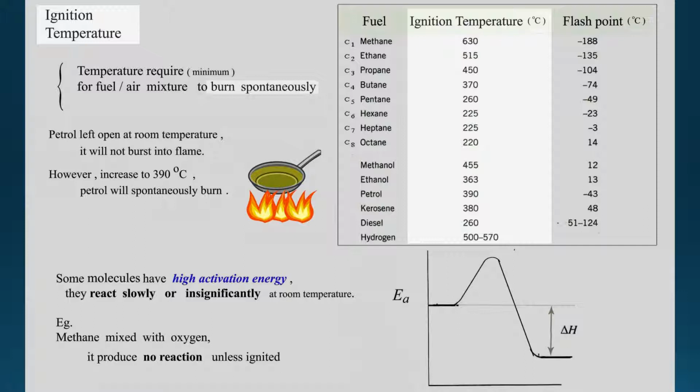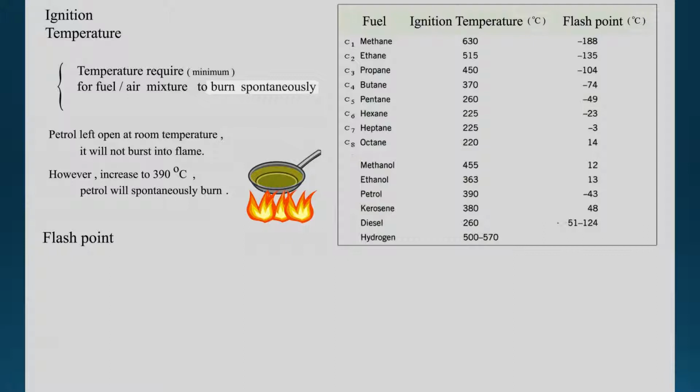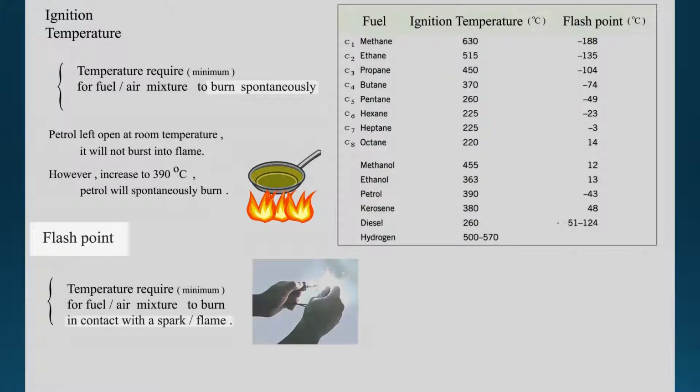Okay, now we look at another word. That is flash point. And what is a flash point? Flash point is the temperature required for this fuel and air mixture to burn if it contacts a spark. If this petrol touches a spark, a tiny bit of spark, you don't need a big fire.